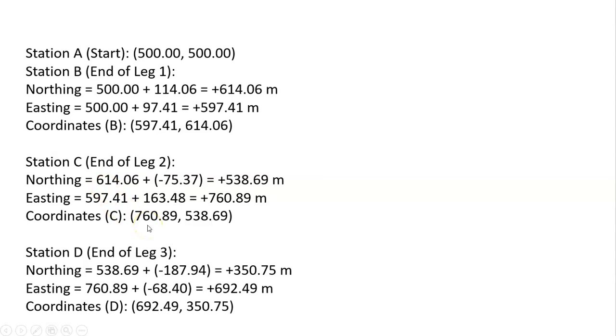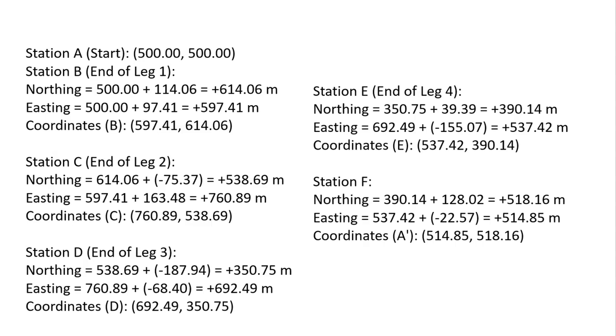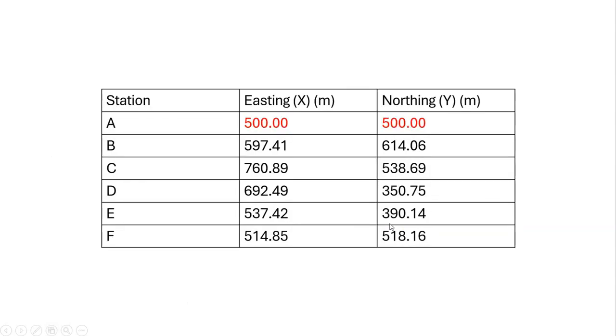The same thing is repeated for station D to get the coordinates of D, station E, and finally station F. Usually, in case of a closed traverse, we would end up with the same point, so it is written as A dash, but it is actually the station F. So let's list out the total coordinates of all stations.